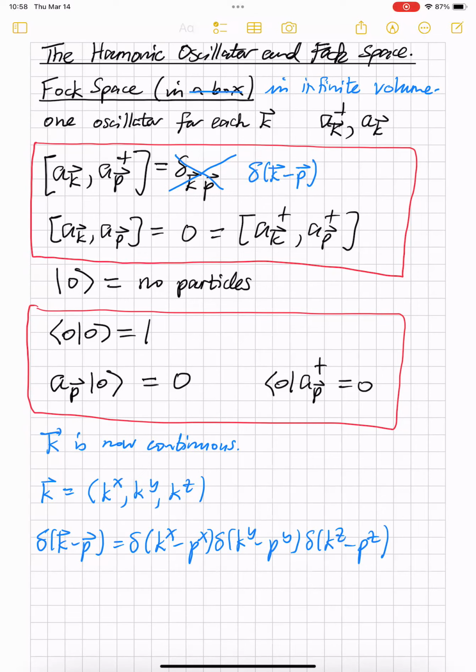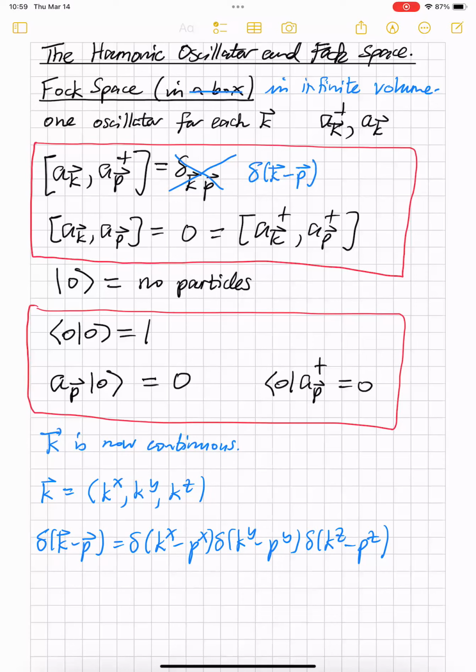And the commutator between a_k dagger and a_p dagger will still be 0. We'll still have a state ket naught, that is the state of no particles. It will still be normalized to 1. a_p will still kill ket naught, and a_p dagger will still kill bra naught. So the only thing that we need to change in these red boxes is that the Kronecker delta becomes the Dirac delta, and then we have moved to infinite volume.